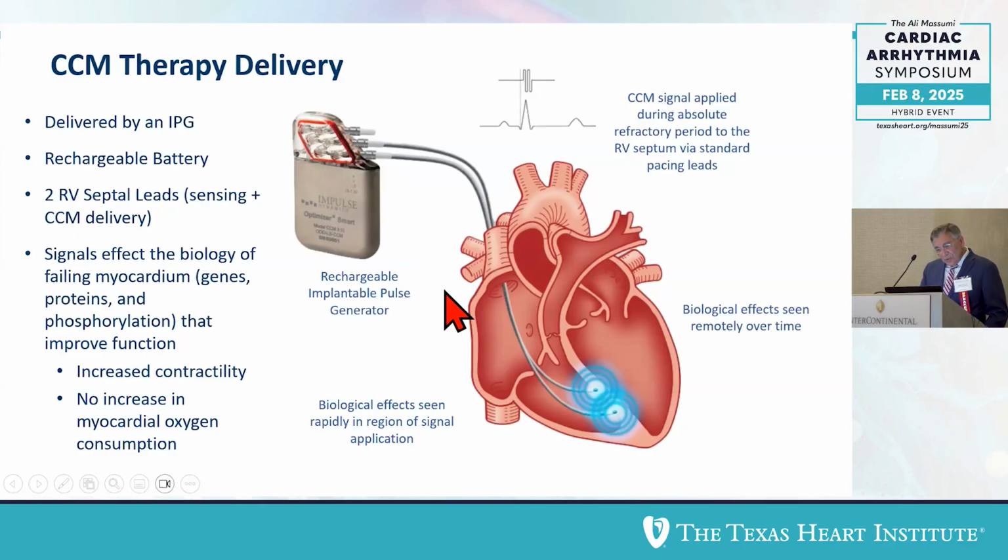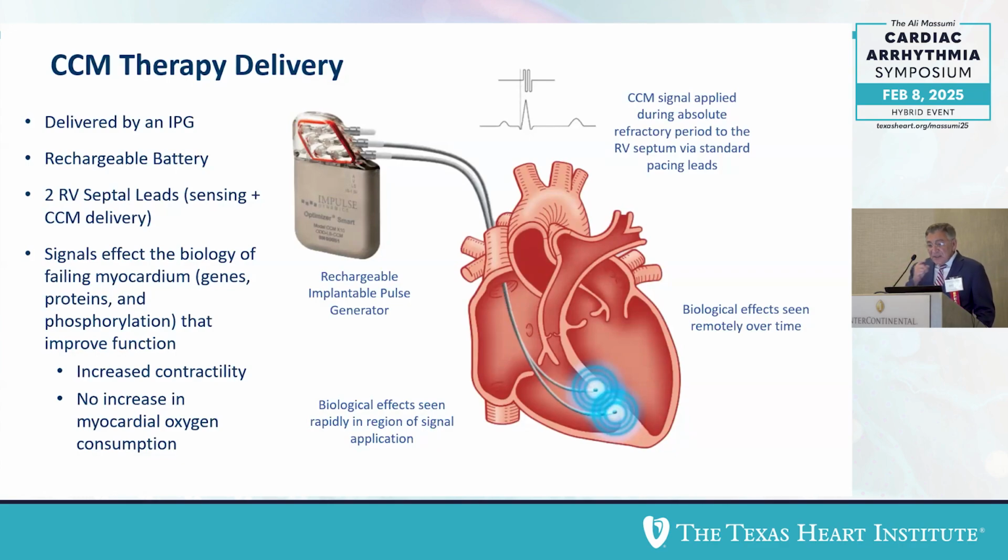Then the two-lead pacemaker comes to the septum. We put it on the right ventricular septum. A technical point: we need a distance of about 2 centimeters between the two leads.